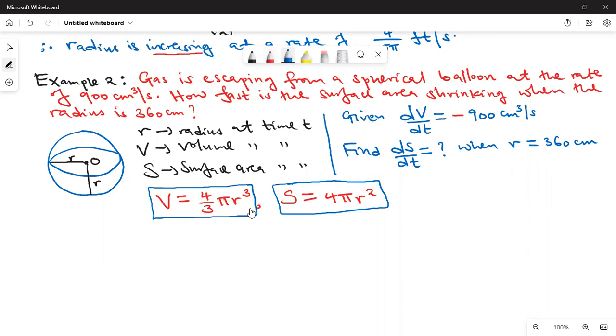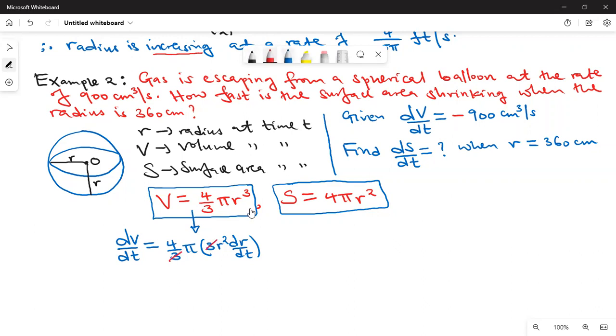Let's start by differentiating the first equation. You write here dV/dt is equal to 4/3 pi times 3r squared dr/dt, which if you simplify, this and this will cancel.